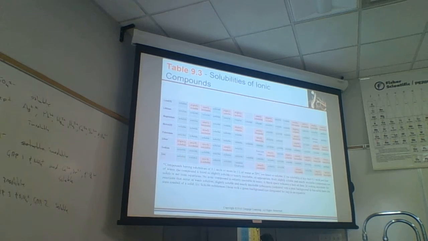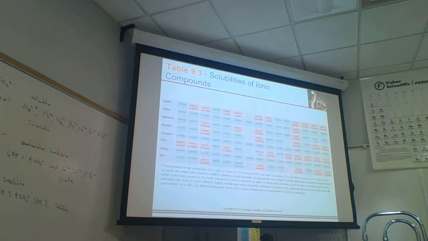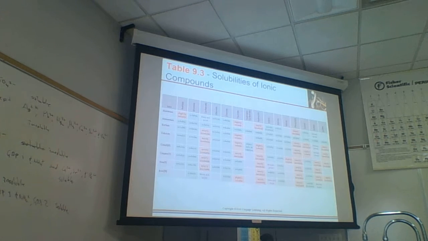Okay, if it's not one of those, then what anion do we look at next? Look for chlorides, bromides, and iodides.